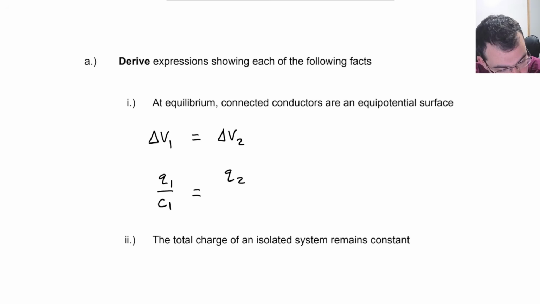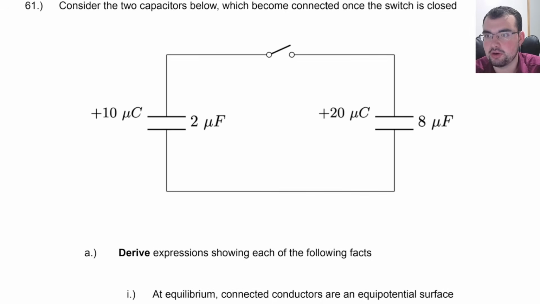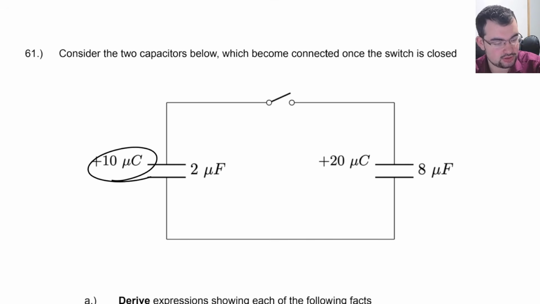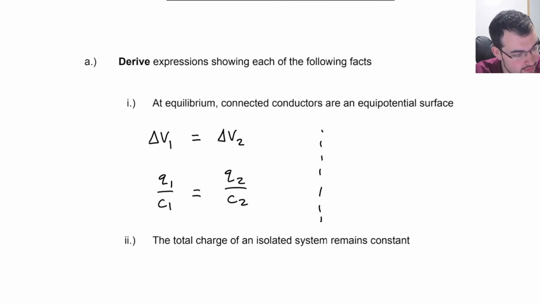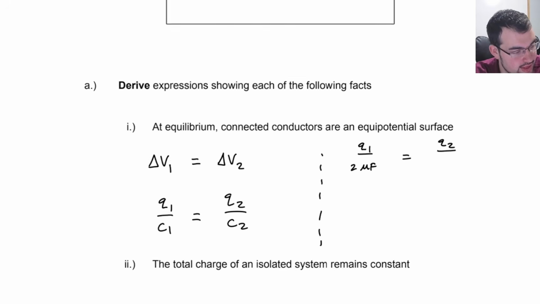Q1 over C1 equals Q2 over C2. We don't know Q1 and Q2. This just tells us the ratio, but we can figure it out because our first capacitance was 2 microfarad, where our second capacitance was 8 microfarad.